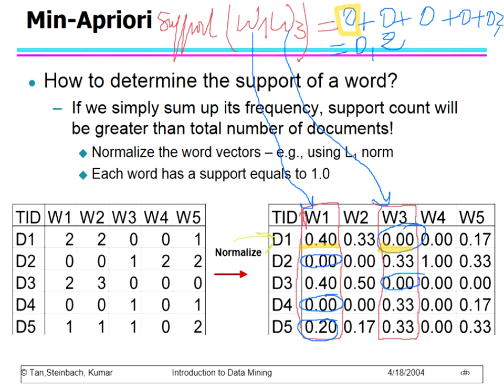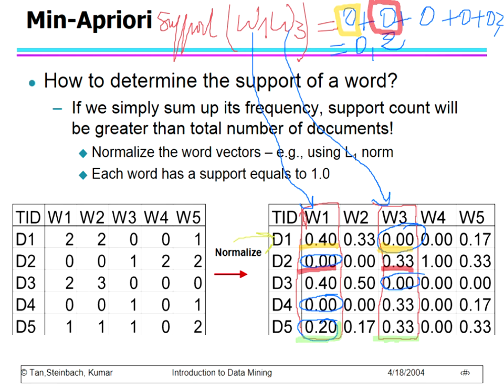For this reason, we say that the first value is 0. After that, for document number 2, we have 0 and 0.33. For this reason, we have 0. For the last one, 0.2 and 0.33.